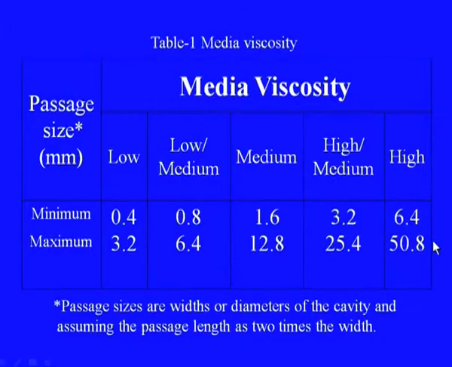Table 1 gives some general guidelines to select viscosity of media for various passage sizes with a 2:1 length to width ratio. These guidelines are given according to passage size, and then how the viscosity should be selected, whether it should be low viscosity, medium or high medium, and so on.